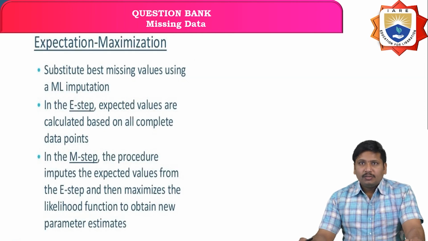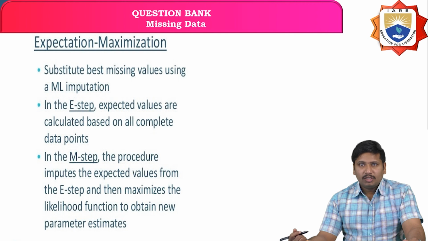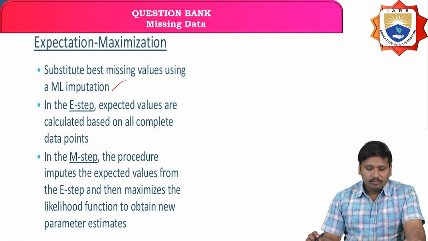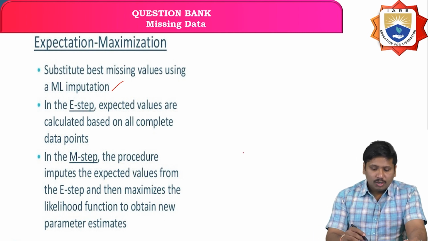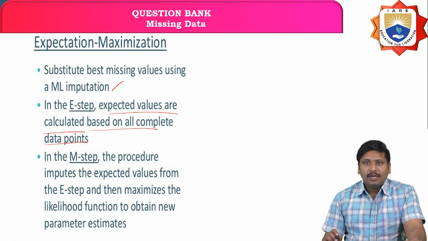Then expectation maximization. According to this method, the missing value is going to be replaced with an ML imputation. In each step, in the E step, the expected values are calculated based on all the complete data points.